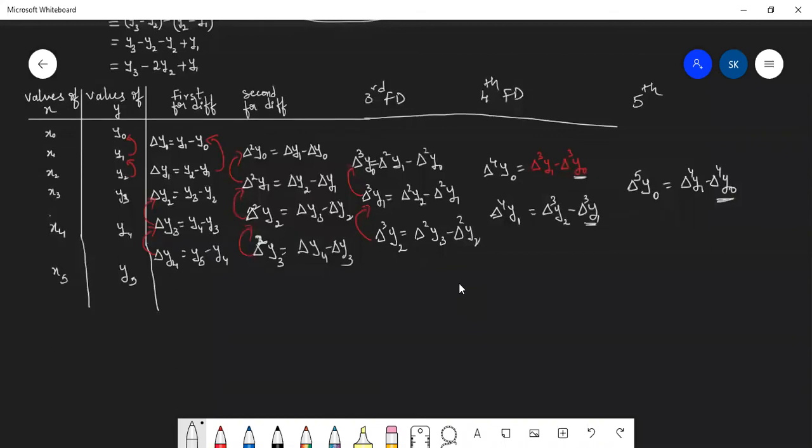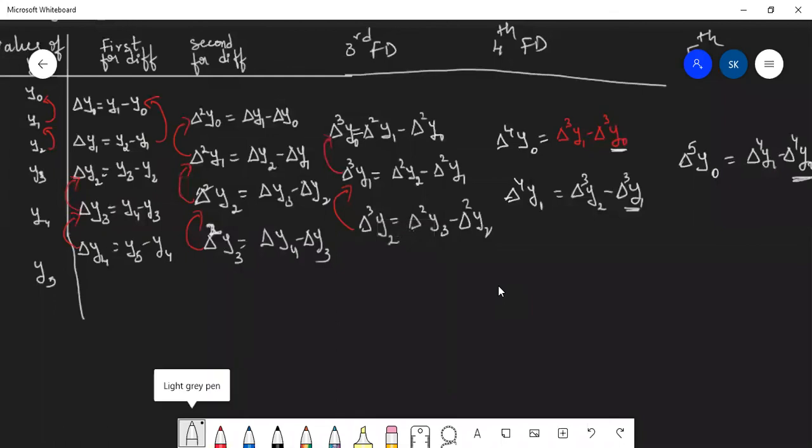You didn't do any interpolation or find any particular yi value corresponding to an xi value. You just calculated and kept all that is needed. This is called the forward difference table. I'll just show you what we have done.